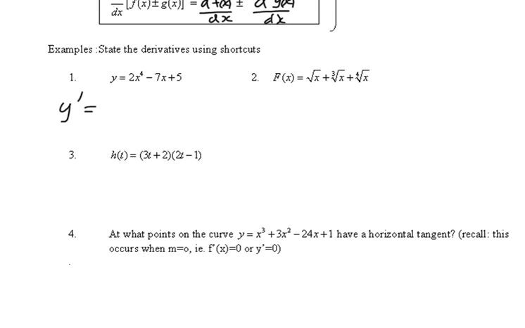So we'll first take the derivative of 2x to the fourth. That would be 2 times the derivative of x to the fourth, which is 4x cubed, minus 7 times the derivative of x, plus the derivative of 5. 5 is a constant, so its derivative is 0.